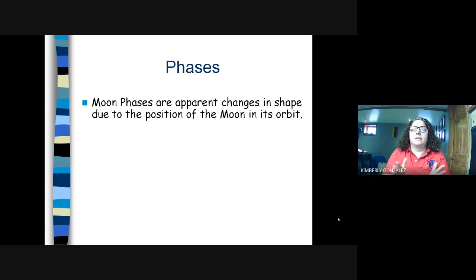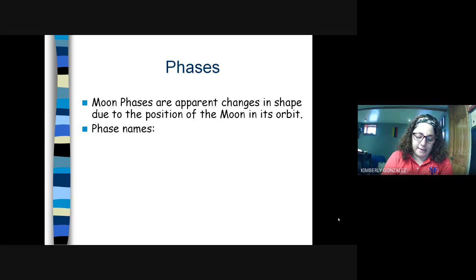Okay, so with the phases, the moon is not changing. It's not disappearing and then getting bigger and bigger till it's completely full and then smaller and smaller. It's not actually changing. That's very important that you understand that it's not actually changing. It's just the perception from our point of view on Earth.